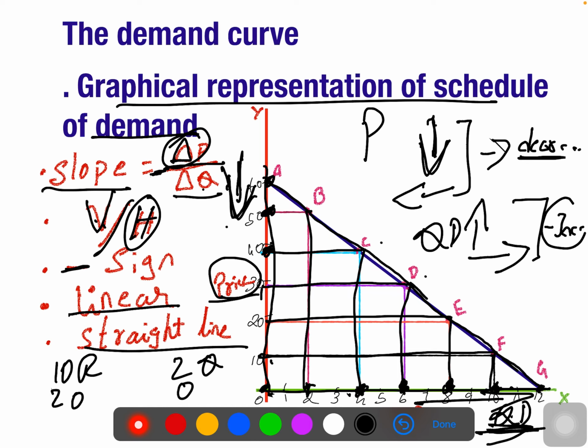Like this, the price is changing proportionately by 10, 10, 10, and demand is changing proportionately like 0, 2, 4, 6, 8. The demand and the price are both changing proportionately, constantly, equally. So you got the linear curve, otherwise the straight line.